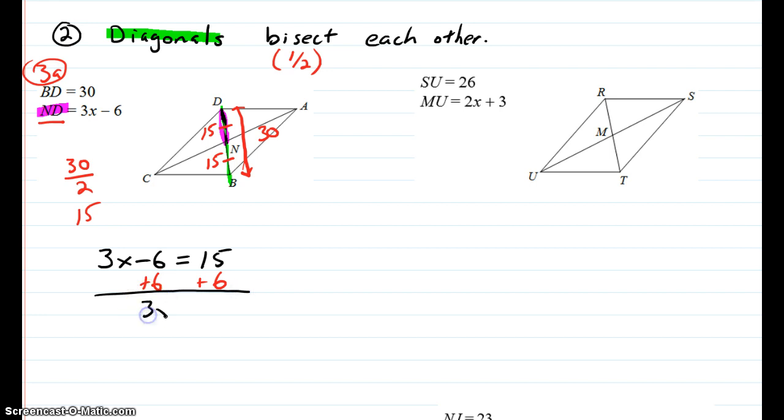And we get 3x equals 21. Now 3 times x, the opposite of times is divide, so we divide both sides by 3. And we get x equals 7. And remember, we were able to do this because the diagonals of a parallelogram bisect each other. So go ahead and try 3b on your own. Make sure you show all the work, and good luck.